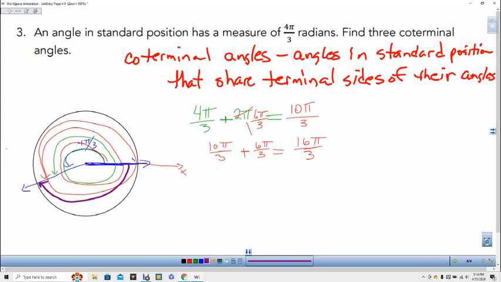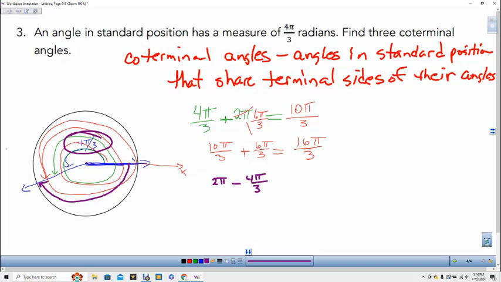Well, here's the thing. We know if we go from here all the way around, it's 2 pi. But we don't want to go all the way back around. We only want to go this far around. So we want to go this far around, and we want to not go that much. So we're going to subtract the 4 pi over 3. So we're not going all the way around.